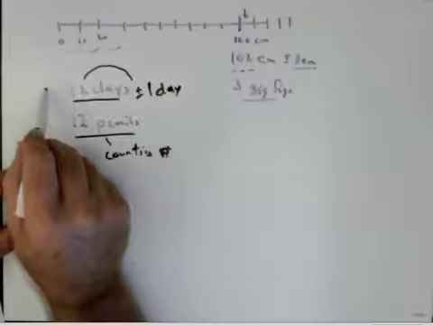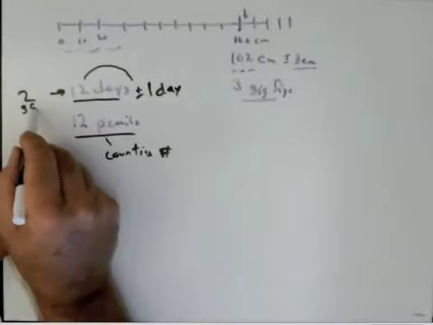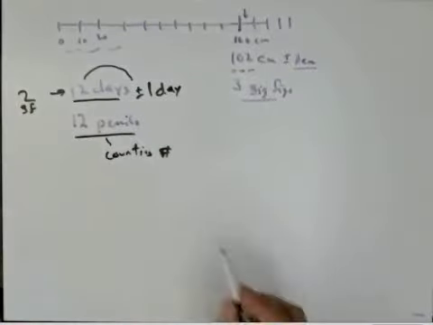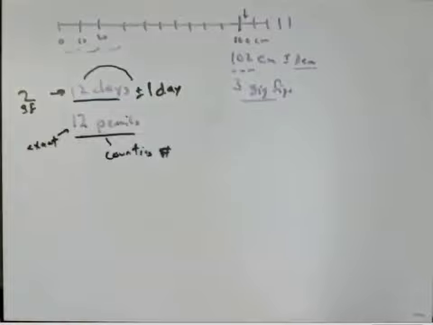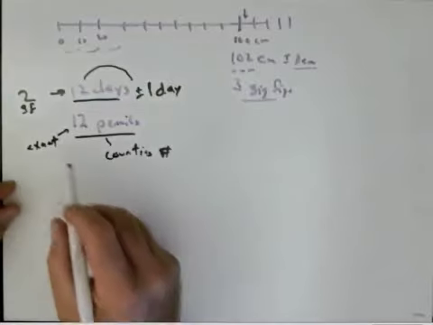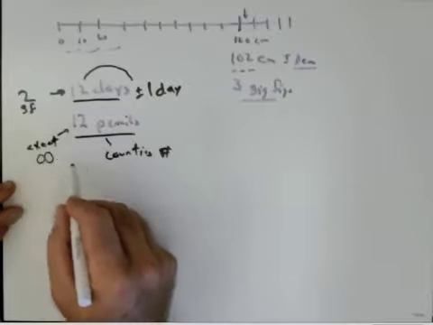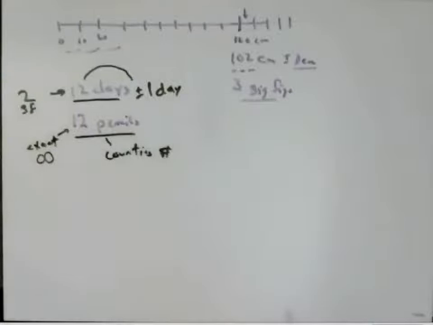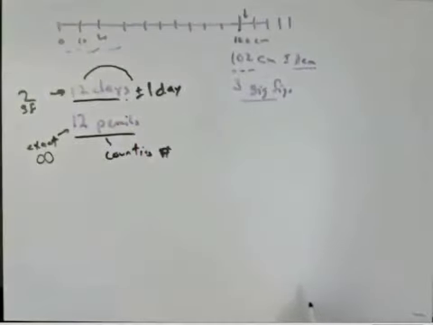So 12 days would have 2 sig figs. But what do you say about something that's exact? Well, in this class, we'll just say that's exact, and I'm not going to worry about how many sig figs it is. Turns out the number of sig figs when it's exact is like infinity. It's 12.0000 forever. So you have to recognize when something is a measurement and when something is a counting number.